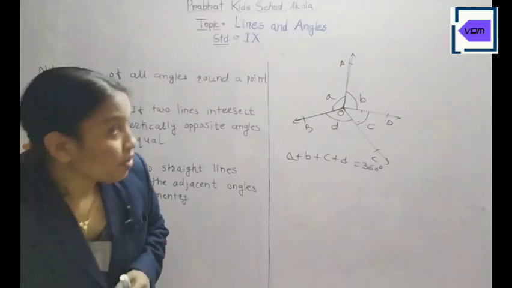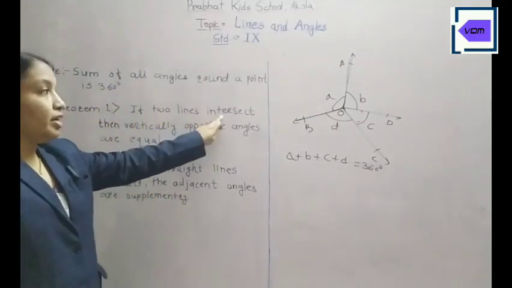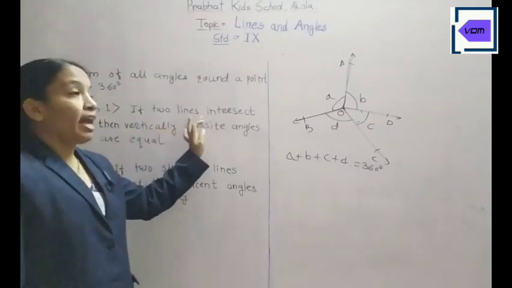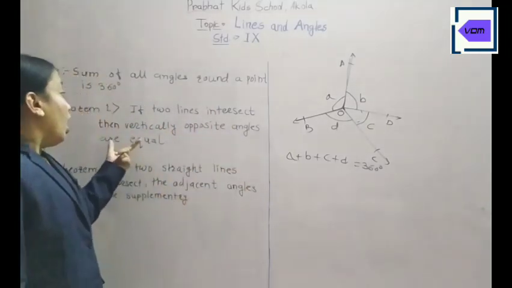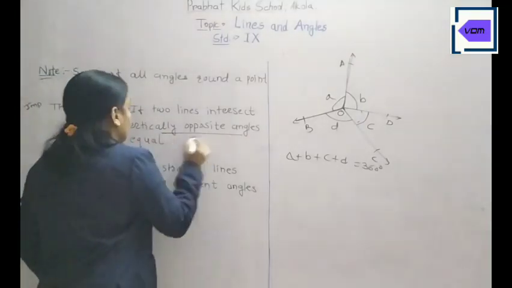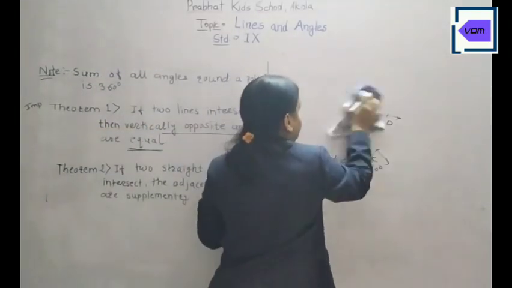Okay. Now read the statement. If two lines intersect, then the vertically opposite angles formed are equal. What we have to prove is that vertically opposite angles are equal when two lines are intersecting.